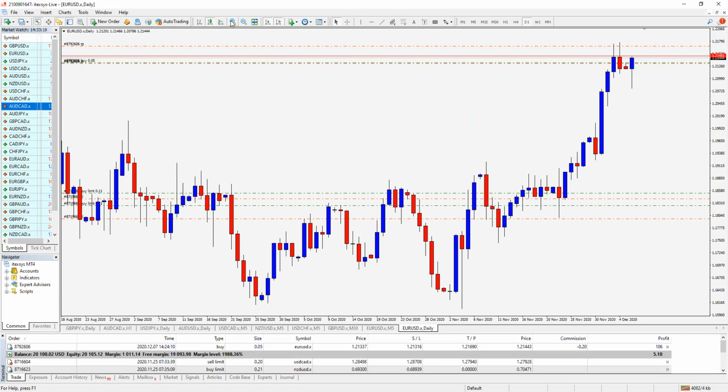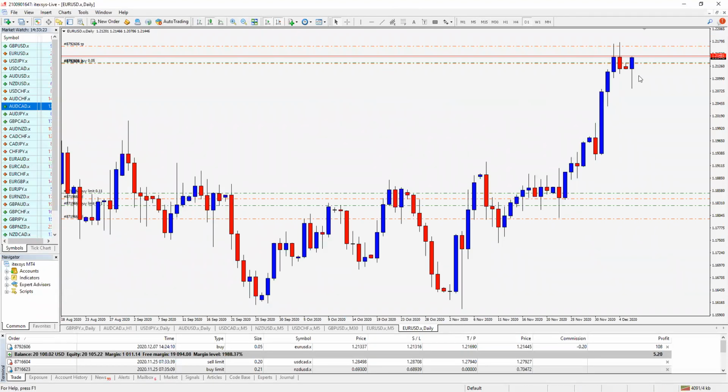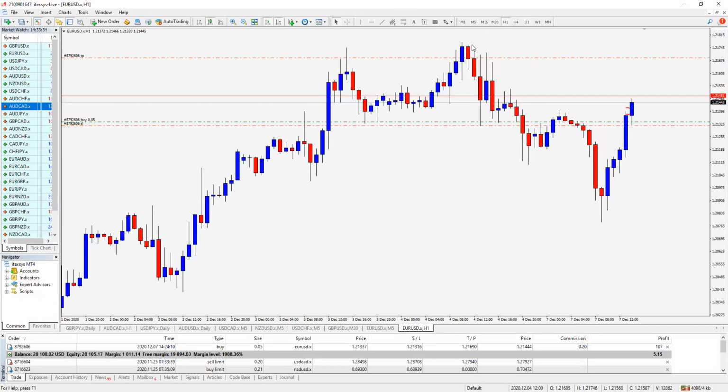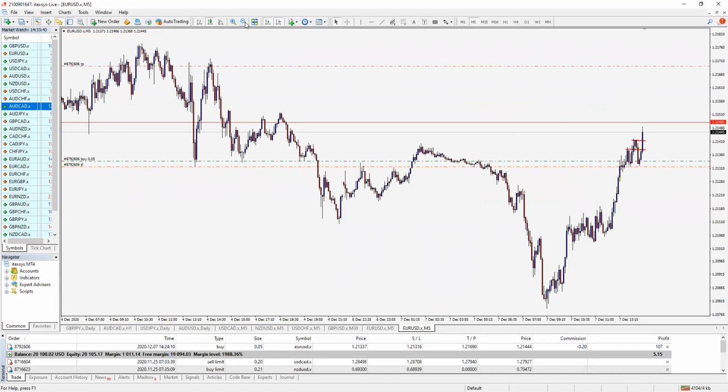Now, based on a daily perspective, of course, it depends how this keeps moving. Yeah, taking profits is one of the toughest tasks in trading.